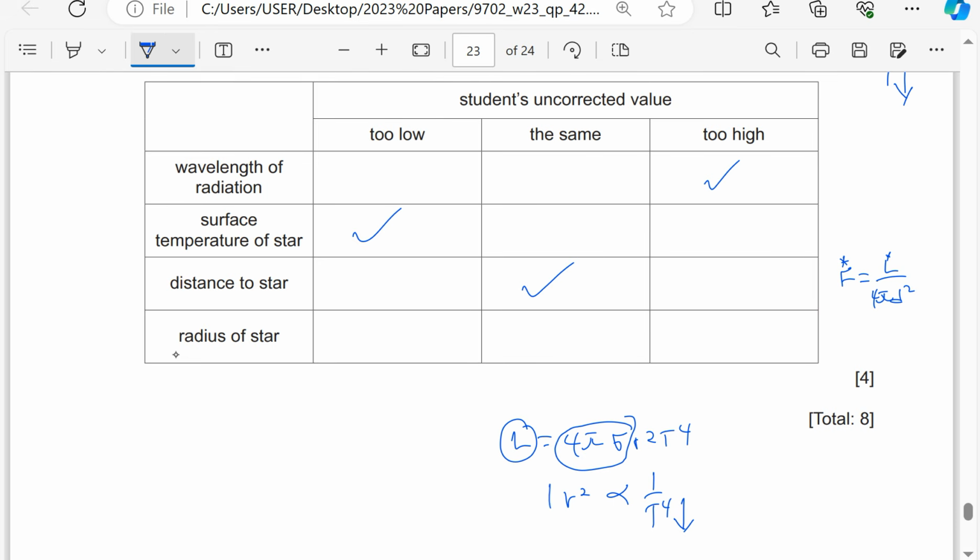That means the radius is going to be too high because they are inversely proportional. When I remove the square roots, R is inversely proportional to T squared. When the temperature is too low, it means the radius is going to be too high. So the tick will be there.